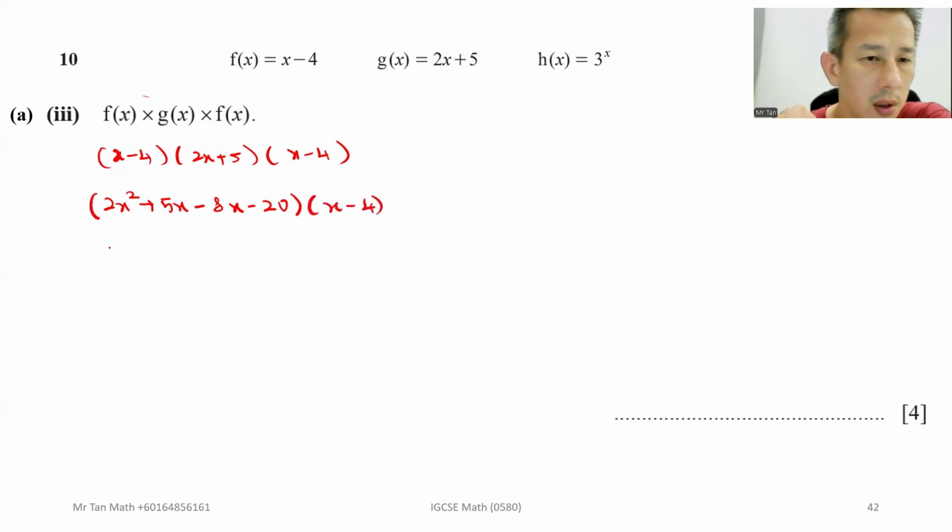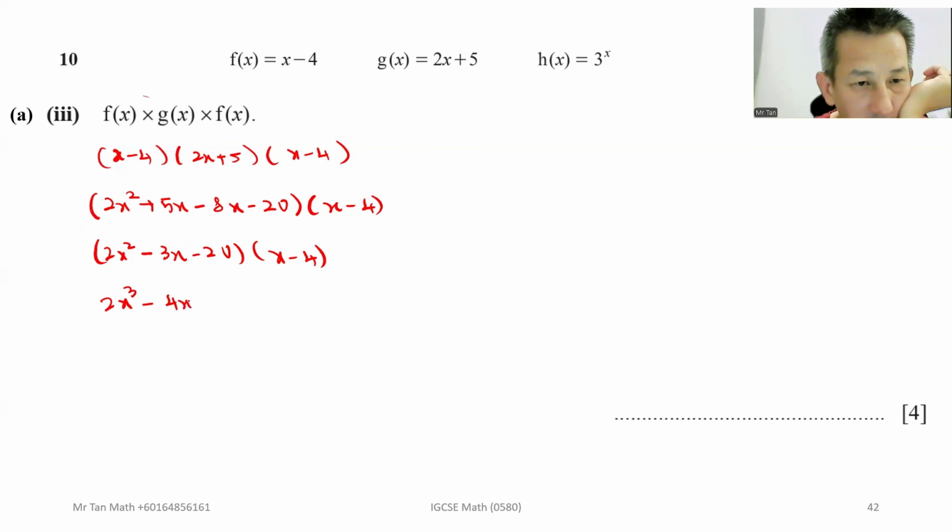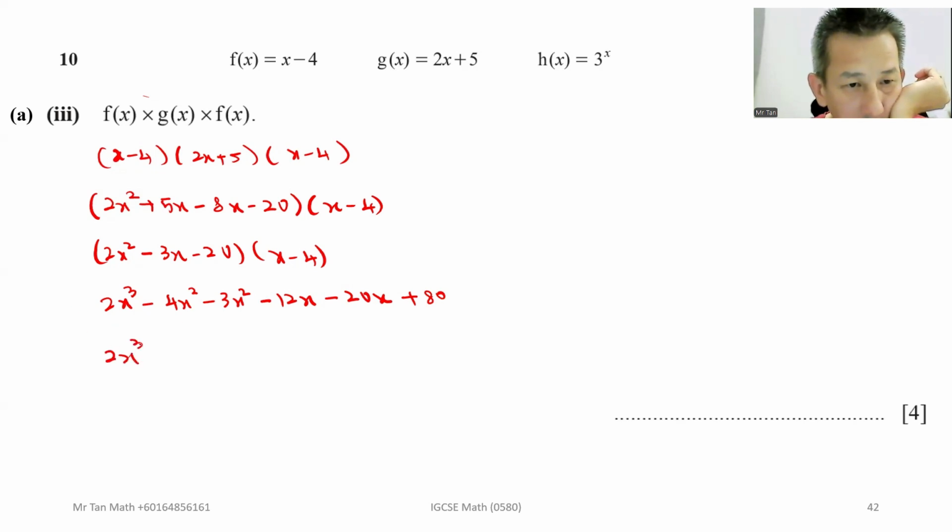So you get 2x squared minus 3x minus 20. Everything you times x minus 4. So you get 2x cubed, 2 and 4 is minus 8x squared, minus 3 and x is minus 3x squared, minus 3 minus 4 is plus 12x, minus 20x plus 80. Simplify, you get 2x cubed minus 7x squared minus 32x plus 80.